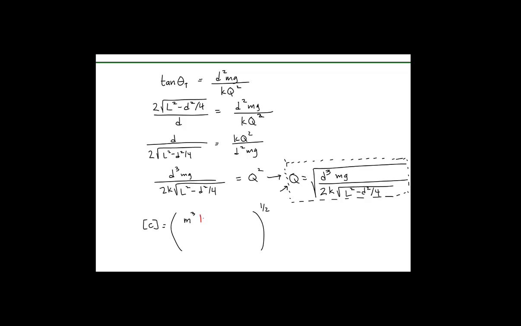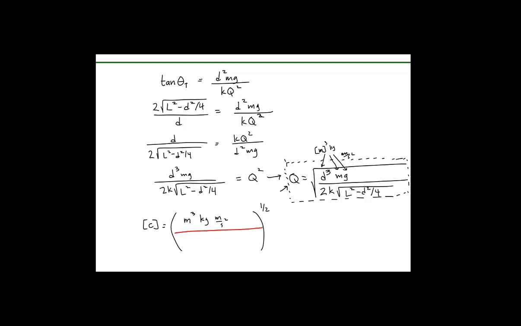Mass has units of a kilogram. So I'm just looking at each of these quantities in turn. So d has units of meter cubed. Mass has units of kilogram. g has units of meters per second squared. So I'll put that meters per second squared here. Divided by 2.